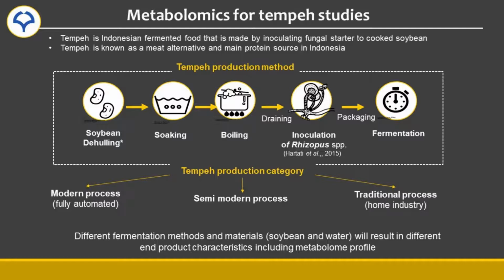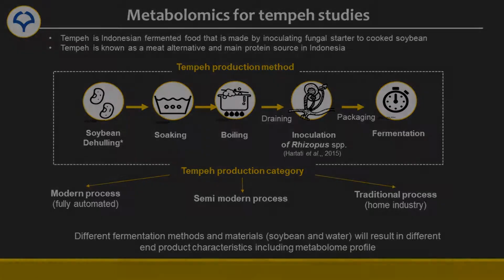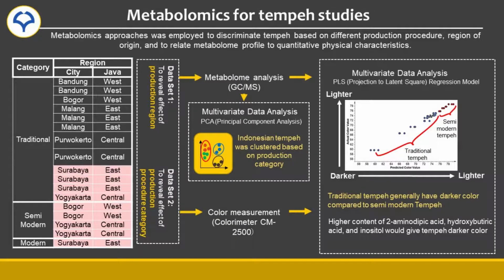In Fukusaki Laboratory, we study the differences of tempeh production methods and analyze the differences of metabolome profile from each production method. Using metabolomics approach, we can discriminate tempeh based on their production procedures by using color data as the response variate, due to the darker color from the traditional production.